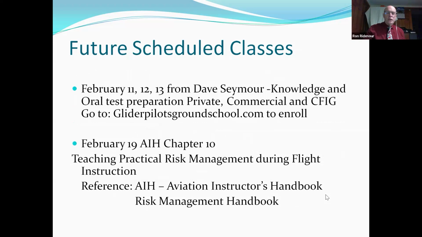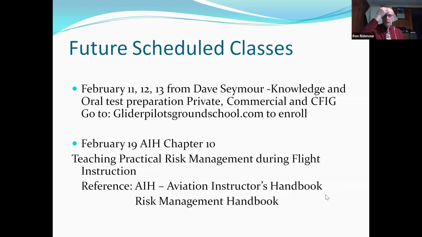So there's our future schedule. February 11, 12, and 13 is with Dave Seymour, and that's next week. And then I'll be on for the 19th, Aviation Instructor's Handbook, Chapter 10, Teaching Practical Risk Management During Flight Instruction. I'll try to make up some scenarios again to point out how we utilize the PAVE model, and how we actively try to mitigate the risks involved with flying gliders.